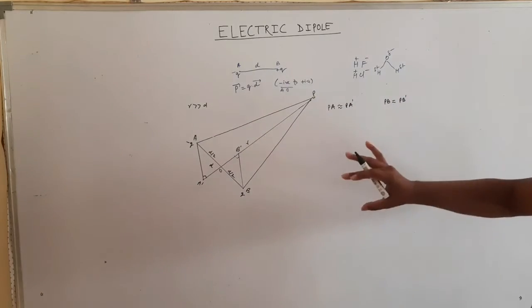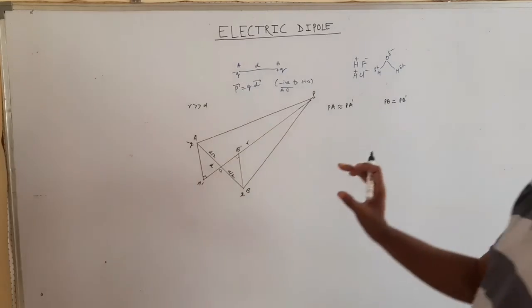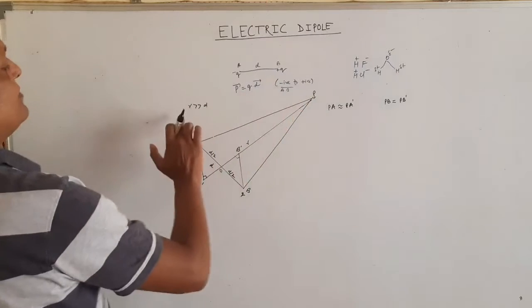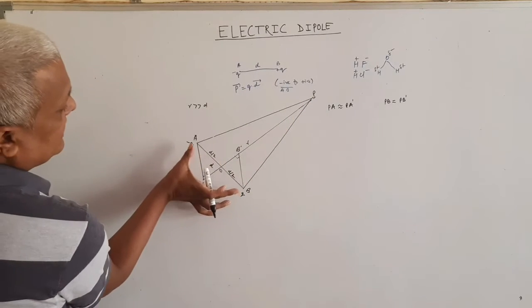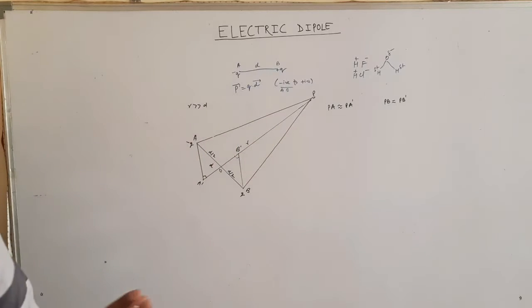Because of this tiny distance, this is possible, since R is so far compared to D that the diagram is so tiny that you can make this structure. I think this is just a mathematical construct.